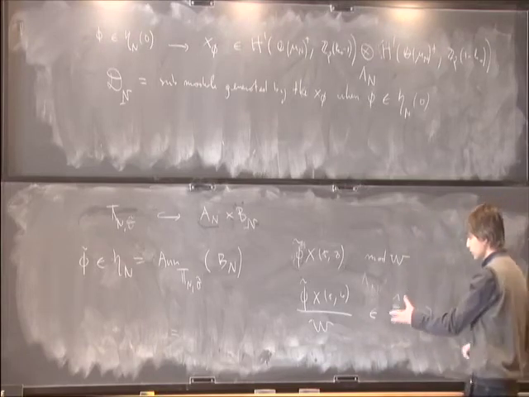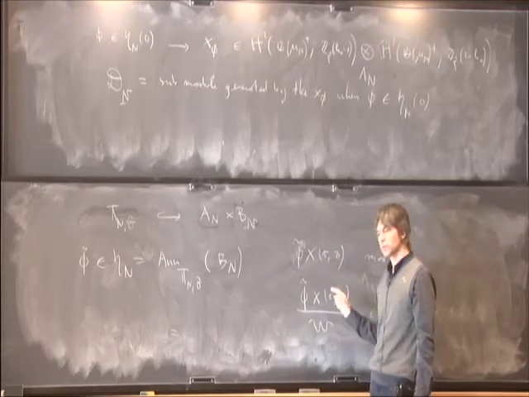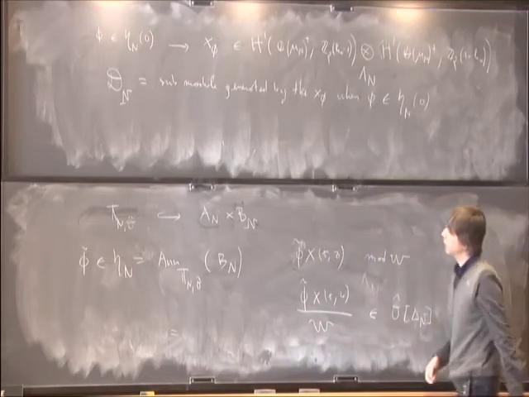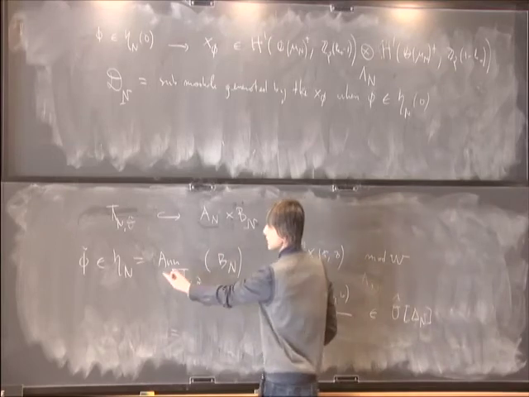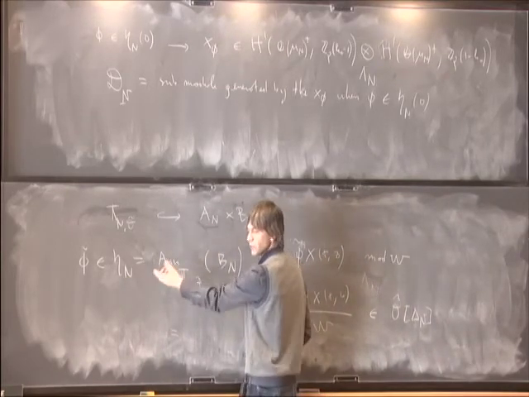And how do you do that? You use a trace map that I have explained before to check this. Because if you have an element in this annihilator, and you apply the trace of this element, it has to be itself.